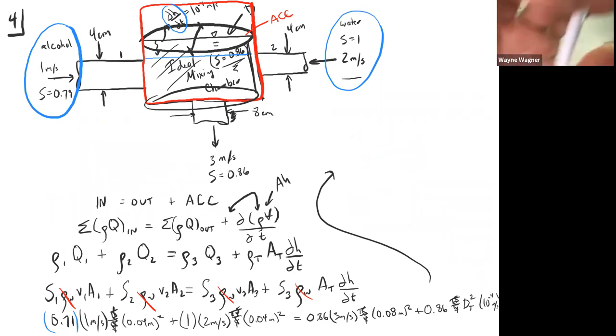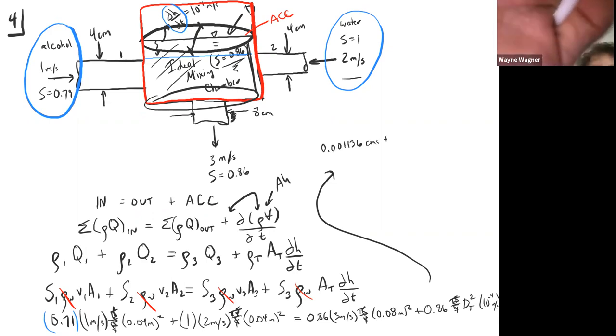Okay. So now we're going to take up some more space up here. Let's go ahead and I'm just going to do term by term, 0.71 times 0.04 squared. So this first one is 0.001136, and the units there are cubic meters per second.